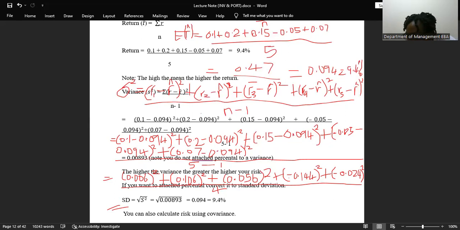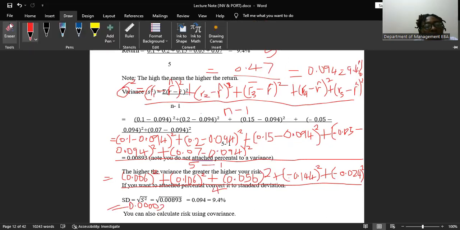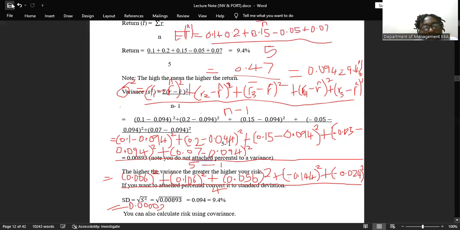we square this. That is 0.006. This is the power 2. So you're getting a lot of decimals. When you get it, you have to be very careful. Point 0, 0, 4 zeros, 3, 6 plus.